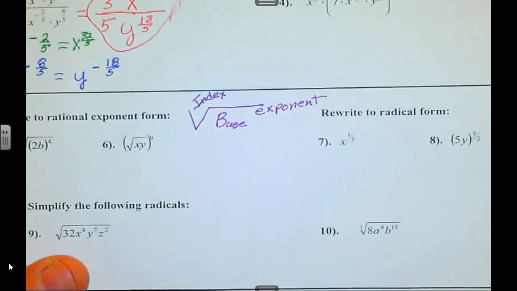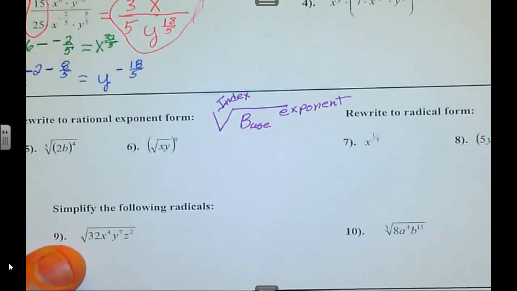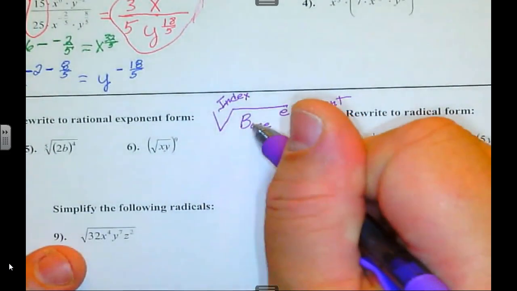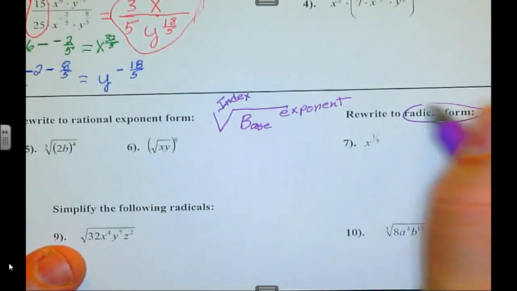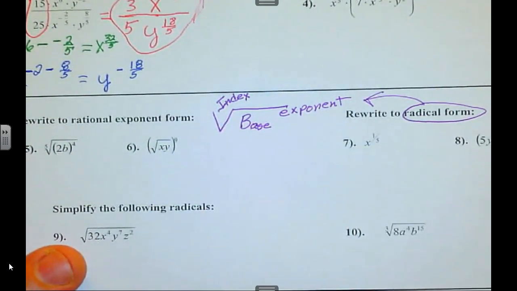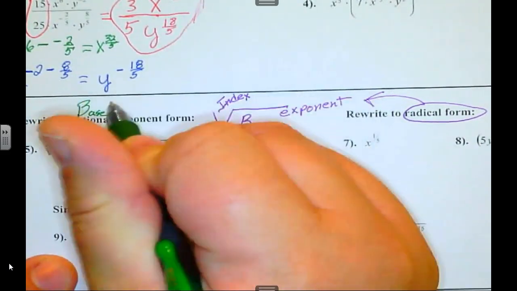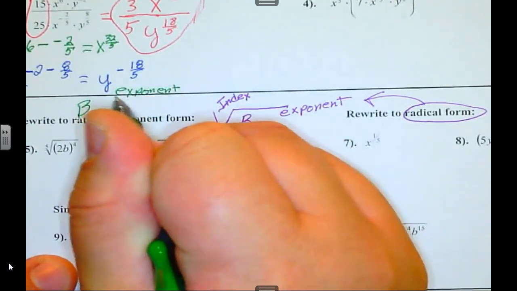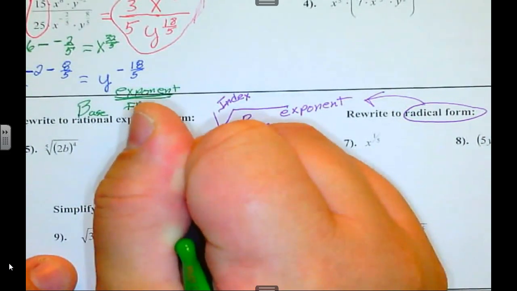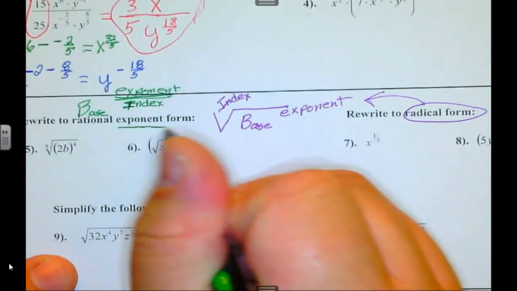That's my radical form. My exponential form is the base to the exponent divided by the index. That's my exponent form.